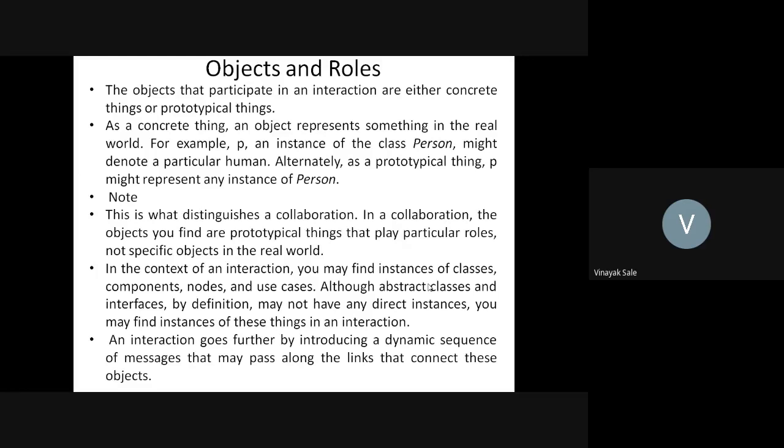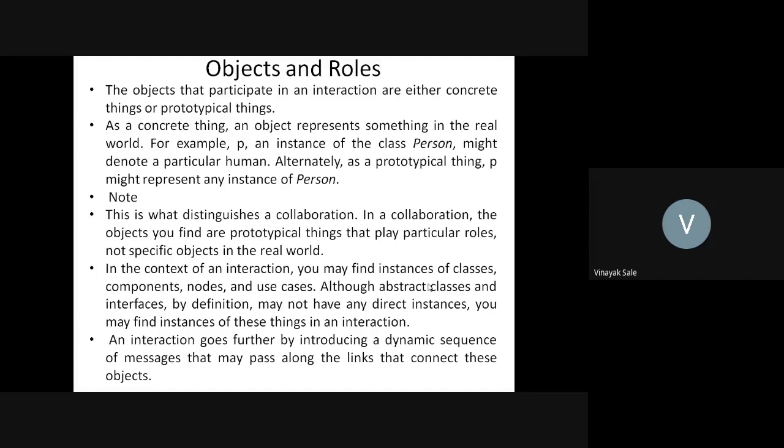So, what are the objects and roles during the interactions? The objects that participate in an interaction are either concrete things or prototypical things. As a concrete thing, an object represents something in the real world.